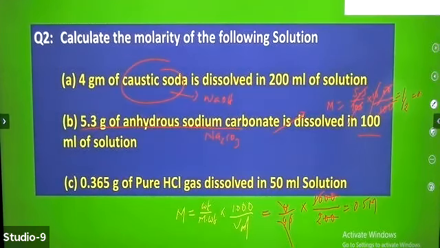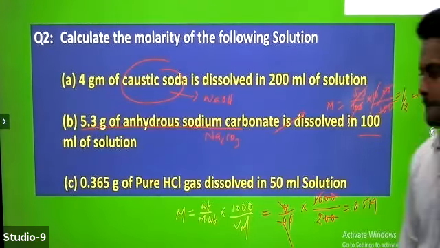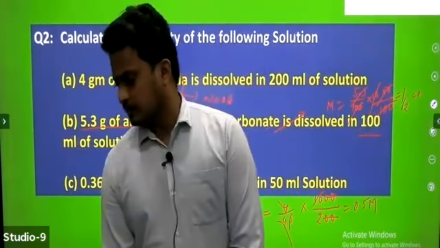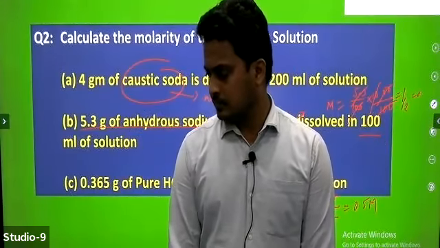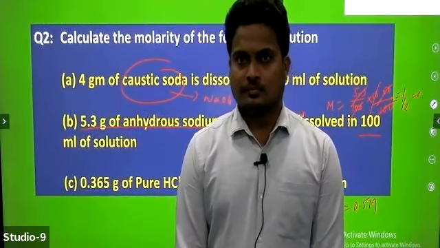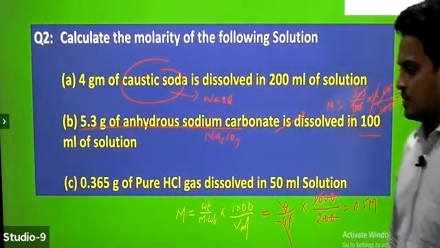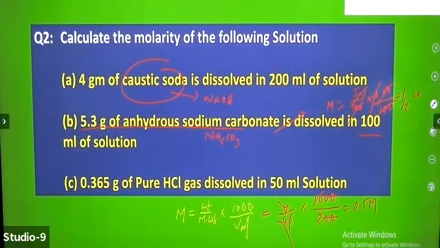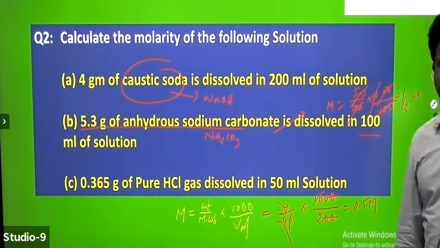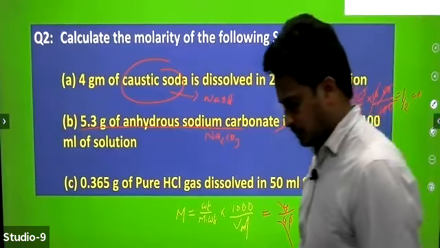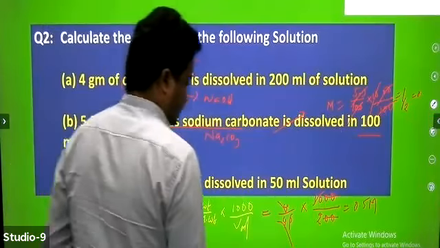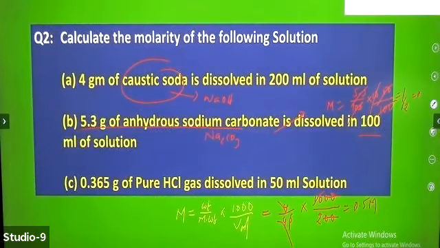Next one, 0.365 grams of pure HCl gas dissolved in 50 ml of solution. 1 by 5, 0.2.